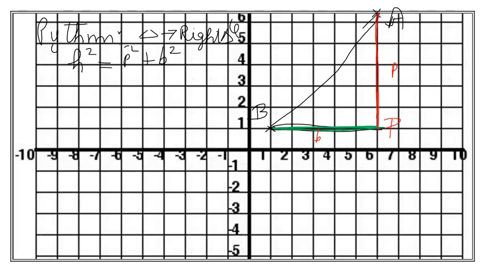Now I represent A as x1, y1 and B as x2, y2. With the help of A and B, can you find the coordinates of P?